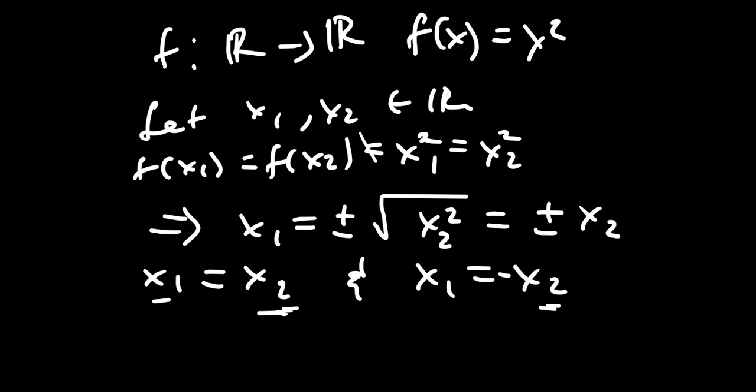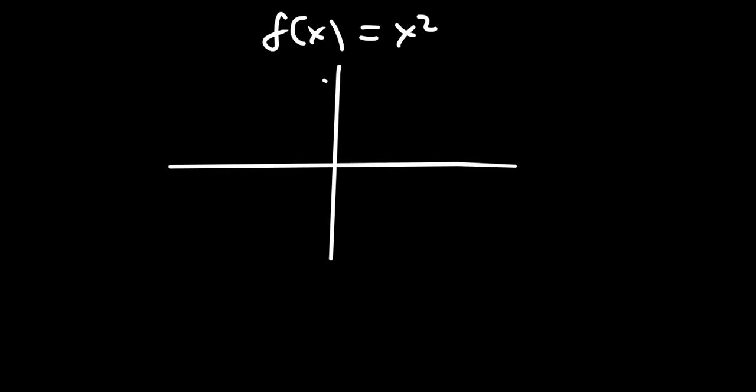So we can even see this from the sketch of the graph. The sketch of this graph, f of x equal to x squared, is like that.